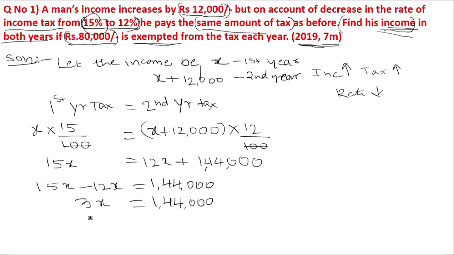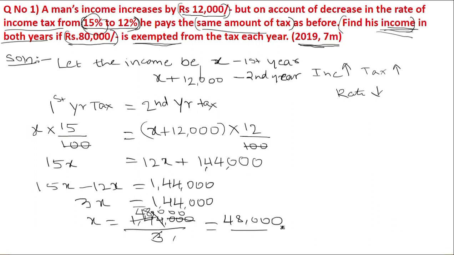So x is equal to 1,44,000 divided by 3. Correct or no? So now you divide this one. 3 ones are 3, 3 4s are 12, 2 remains, 3 8s are 24, 3 zeros for 3 zeros. How much will it become? 48,000.